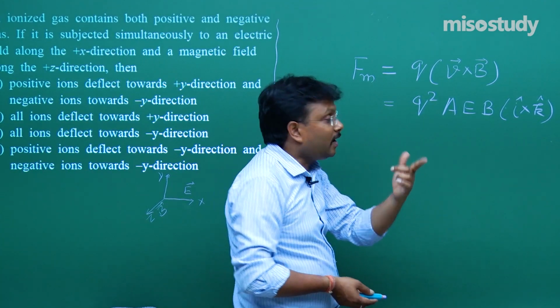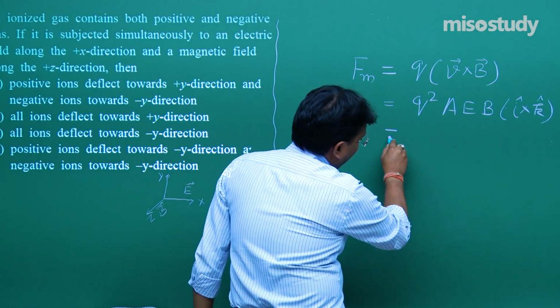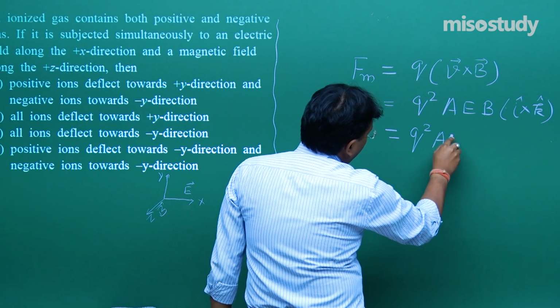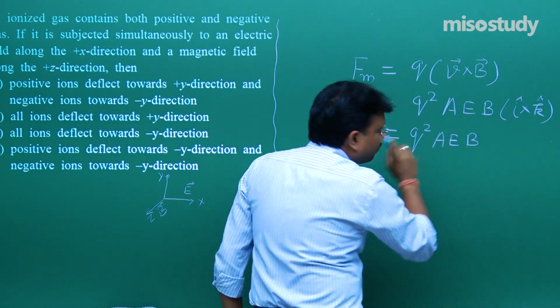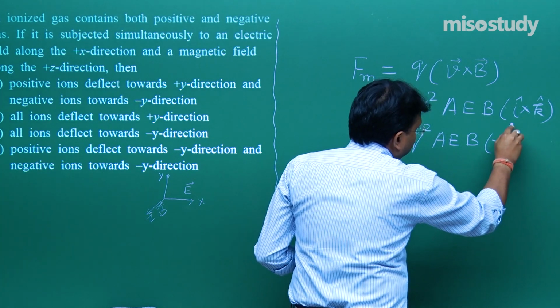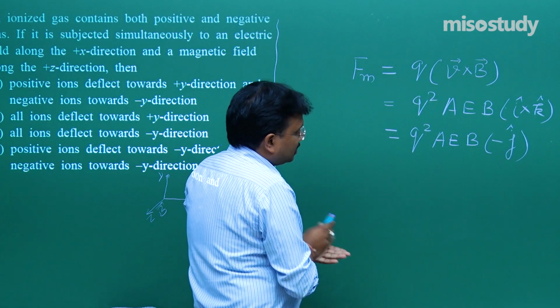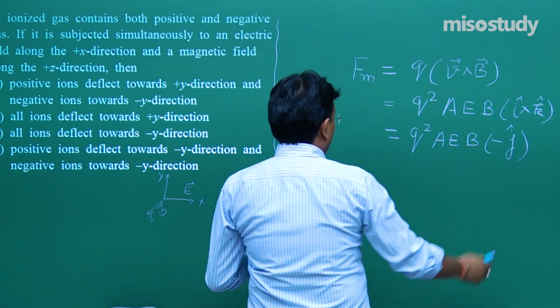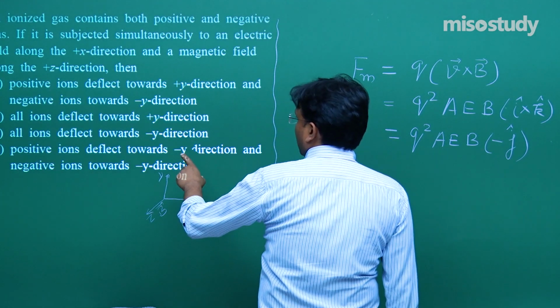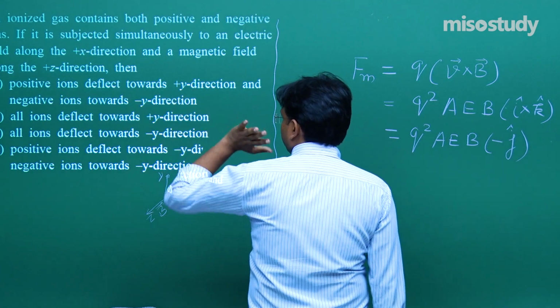Minus j. So, directly I am writing it as q squared a E B, and minus j cap. Now the expression is with you, and now you can read the options.